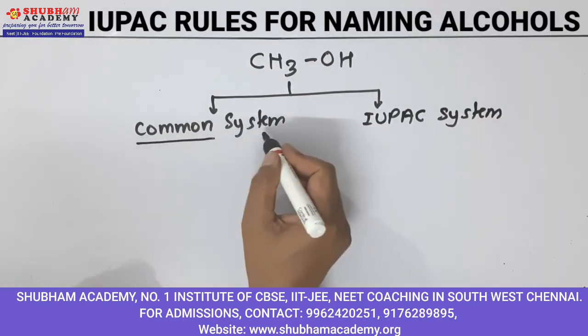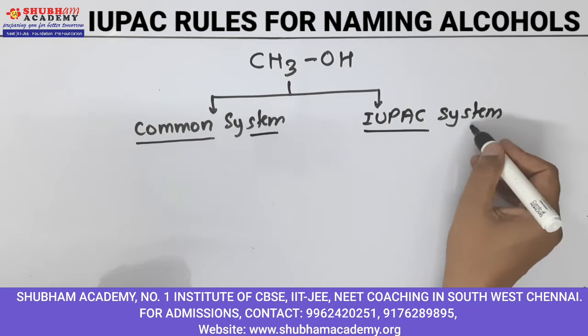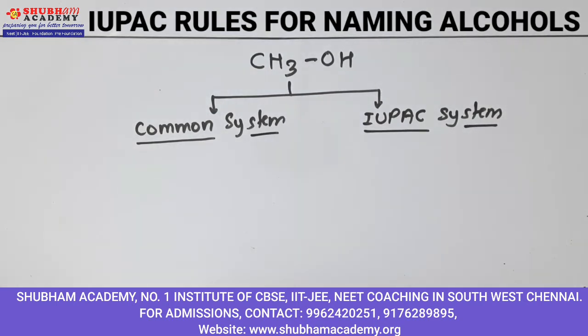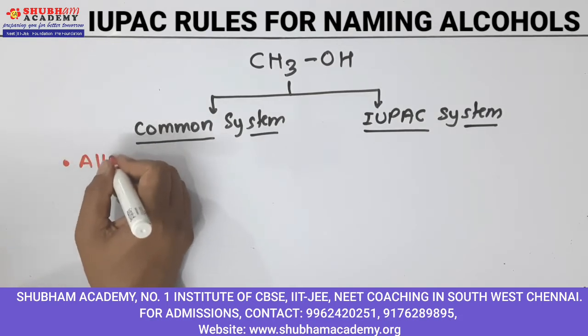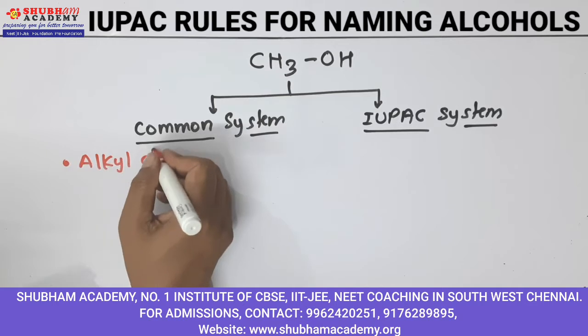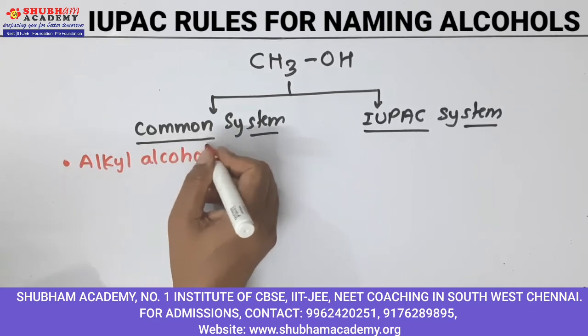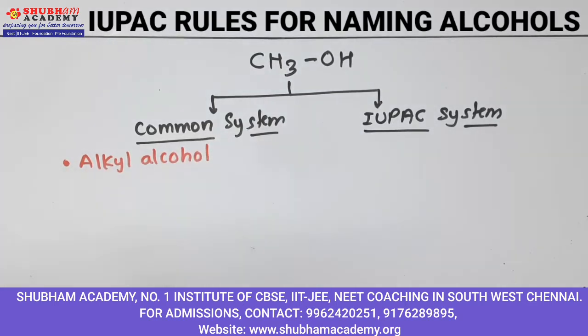So in common system, the alcohol is named as alkyl alcohol. Okay, so how to write the name? Alkyl alcohol, right? So how to identify that whether the name is common name or IUPAC name?